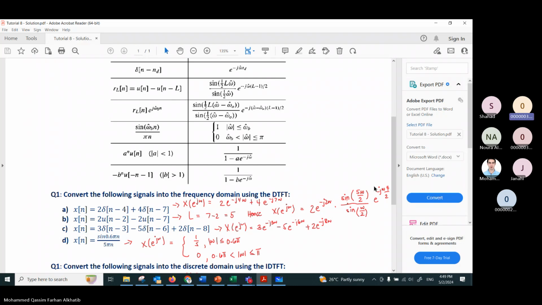Doctor, can we solve another one? Another question, same concept. Part C, or part A. C is deltas. Okay, I'll give you this question and try to practice it. x of n equals 3 u of n minus 7 minus 3 u of n minus 10.